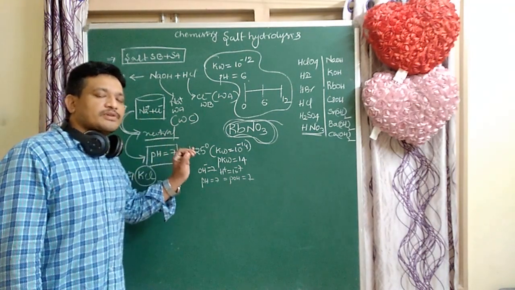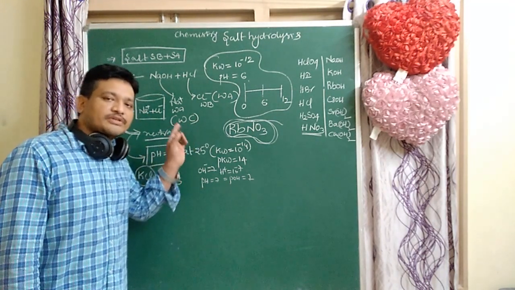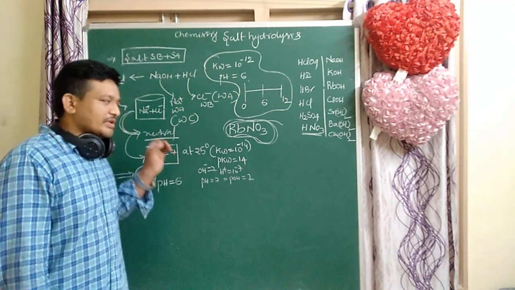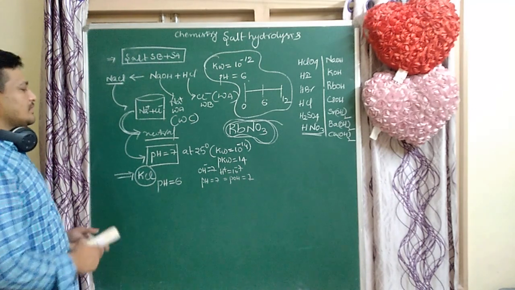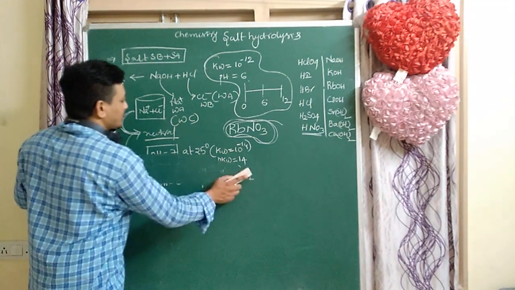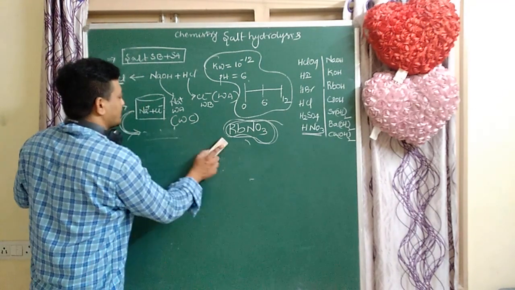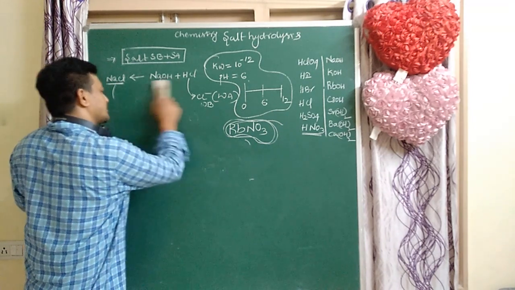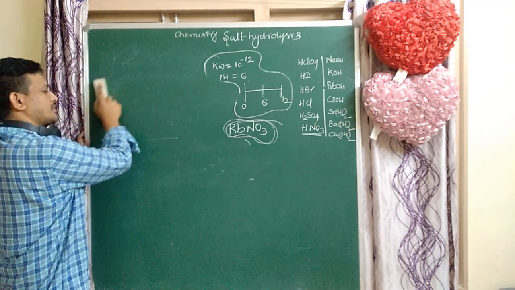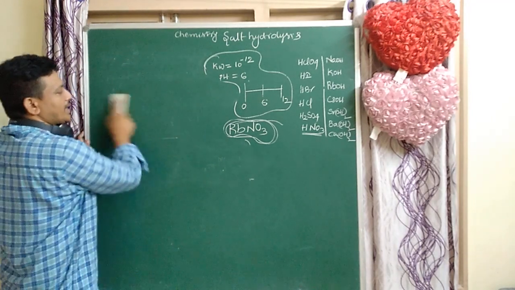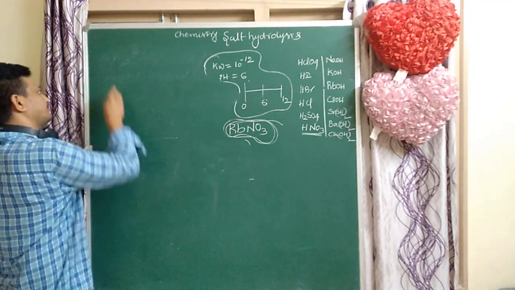What is the pH of the solution? 7 at room temperature. So what is the pH of this type of salt? 7. Irrespective of concentration and irrespective of the salt, the pH of this type of salt equals 7 at room temperature.